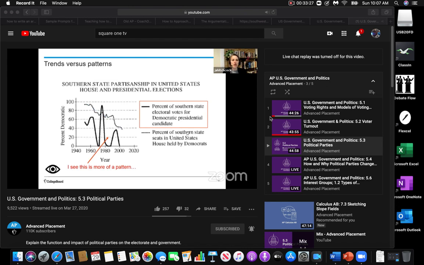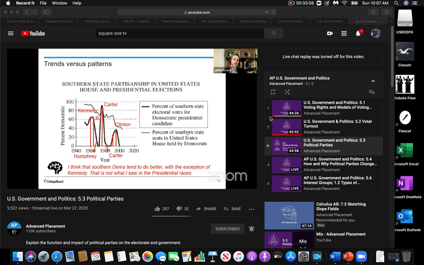So looking at the red bar, the solid black line I'm pointing out to you in red, I see that there's more of a pattern here, right? If I break this down, I've got to think about who was in office at what time. I've got some Southern candidates, some Democratic candidates. LBJ was from Texas. Carter was from Georgia. Clinton was from Arkansas, right? I don't know where Hubert Humphrey was from, but Kennedy was from Massachusetts.